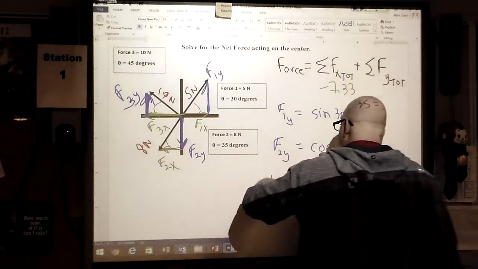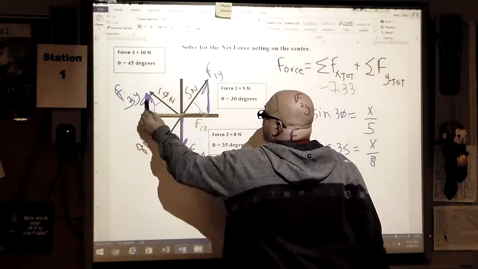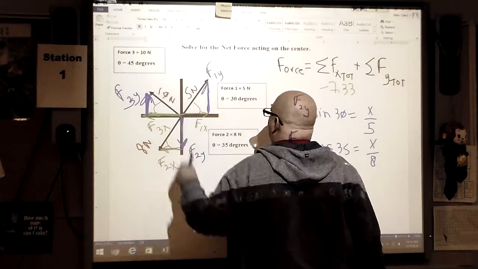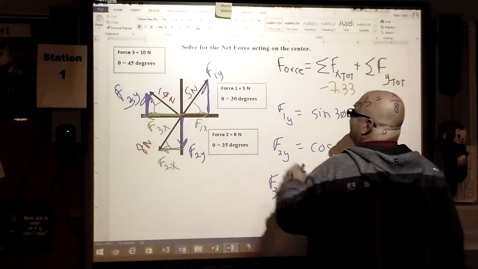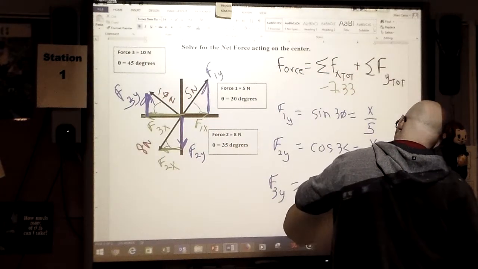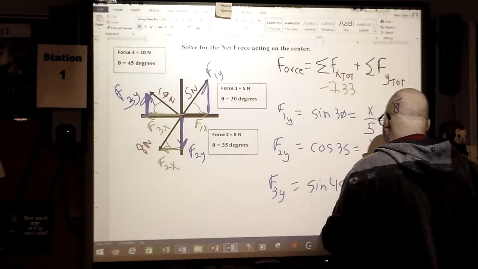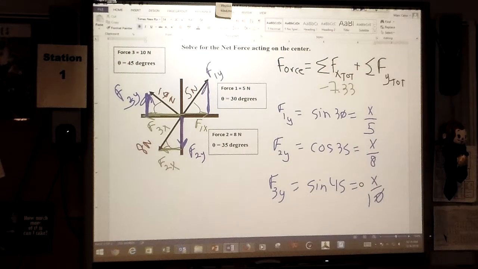Then we have f3 in the y direction over here, and again, this is opposite over the hypotenuse. So with the opposite, again, it's going to be the sine of 45 degrees is equal to x over 10. So this is what we have.